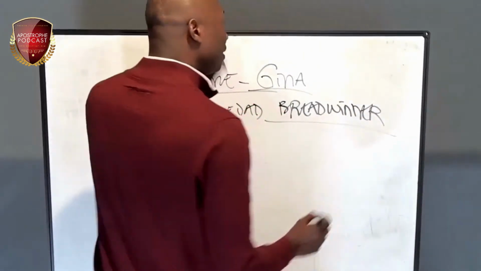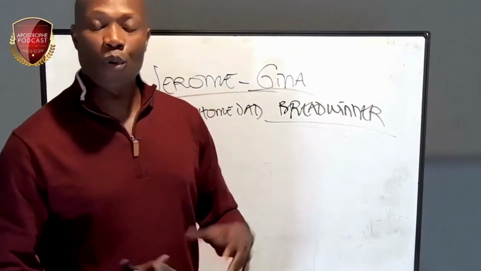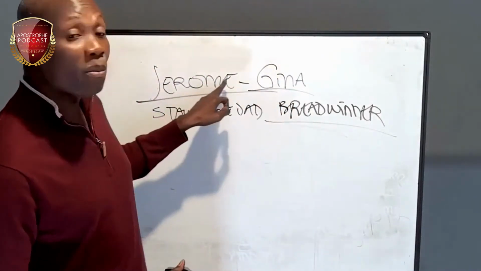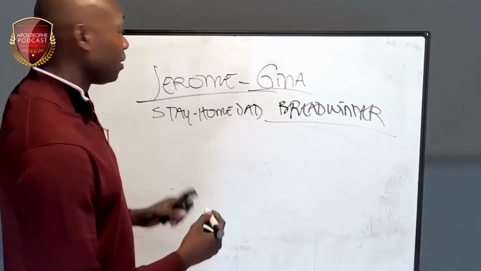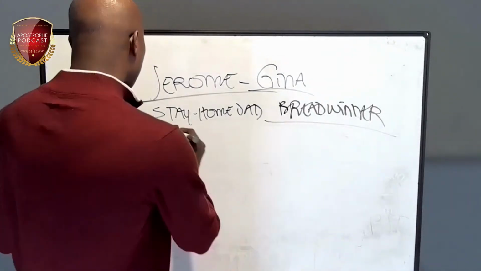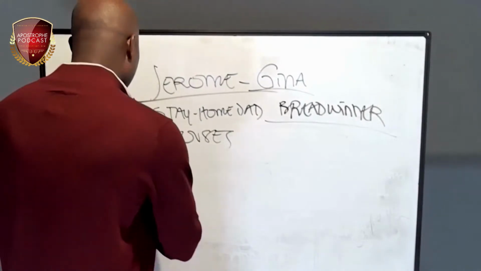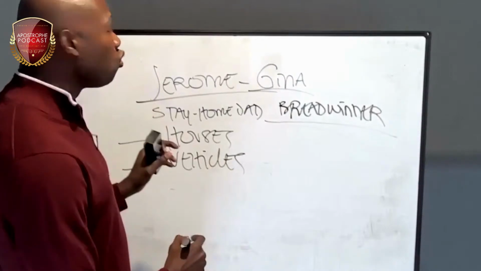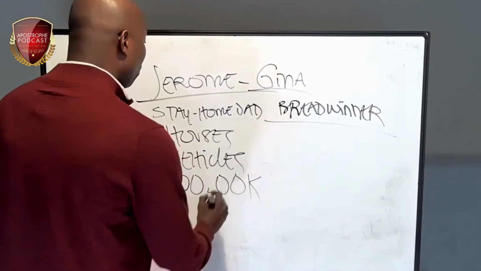Where I'm getting at right now, even though it's only Gina who purchased everything in the marriage, Jerome is entitled as much. Let's say Gina was able to save enough money to buy 2 houses, or to buy vehicles, or to save 100K in the first year.